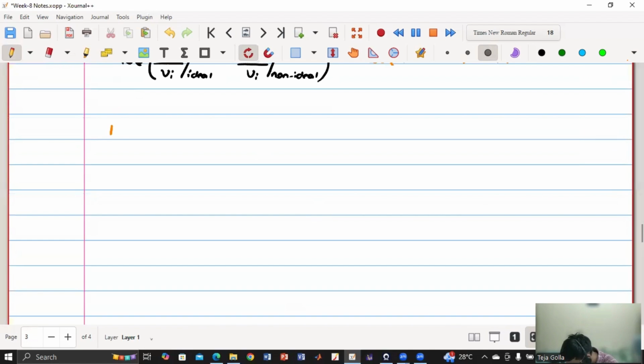Determining negative feedback of an amplifier.